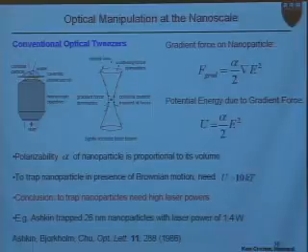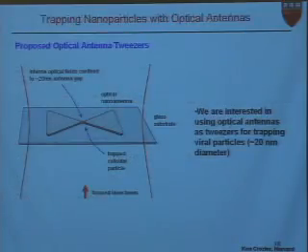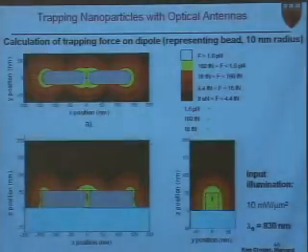So we'd like to reduce that power. What we're interested in doing is using this optical nano antenna to generate an intense field by laser illumination that could be used to trap particles in the focus there. I'm interested in trapping particles with sizes of 100 nanometers or less, perhaps even single virus particles with diameters of 20 nanometers.